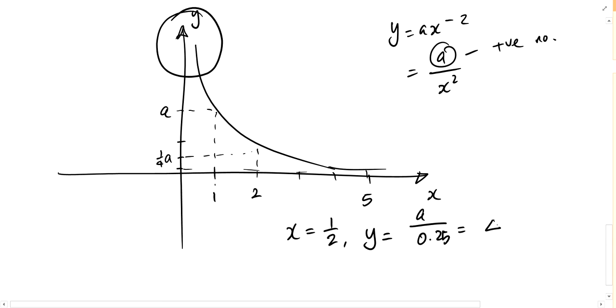Okay, so that is actually 4a. So 4a is much higher. When it is half, it is actually much higher. Then when x tends to 0, when x approaches 0, y will approach infinity.